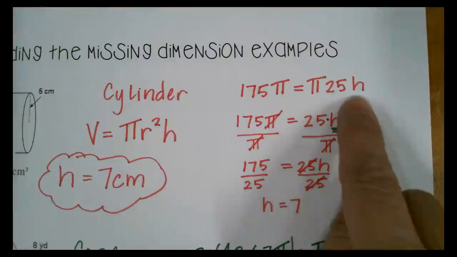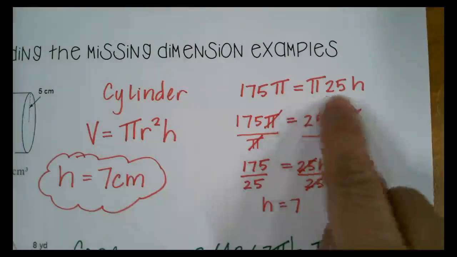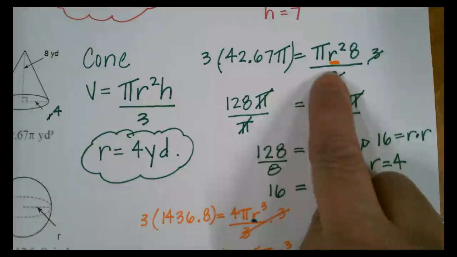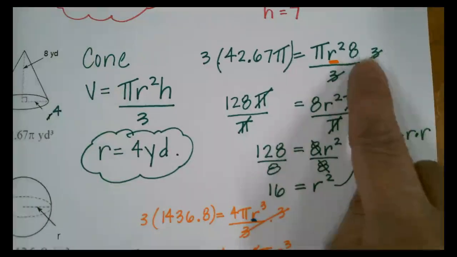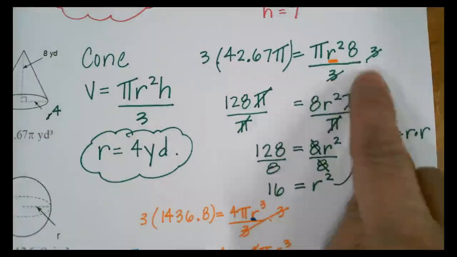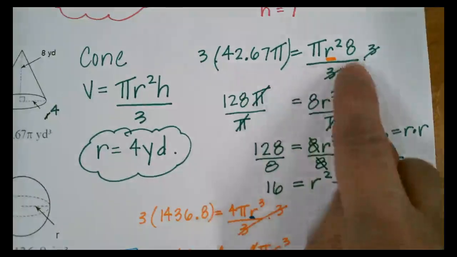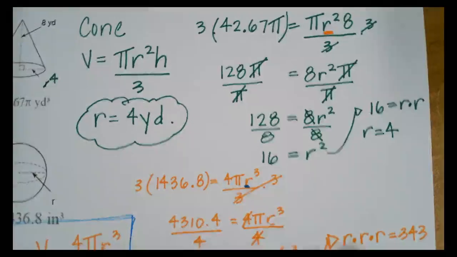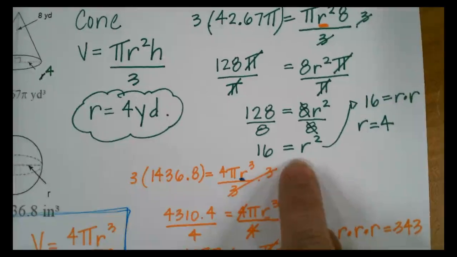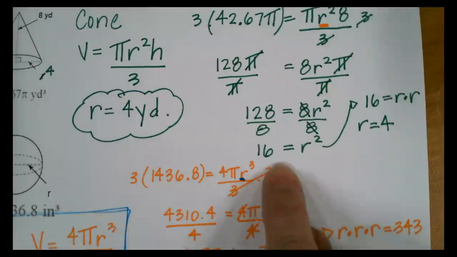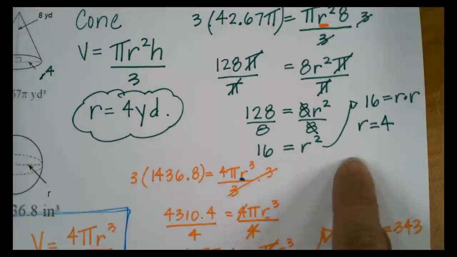So we have to get h by itself, which means we need to divide by 25 and divide by pi. This one we wanted to get the radius by itself, so we had to multiply by 3, divide by 8, and divide by pi. That gave us r squared, and we need the square root of that to get our answer.